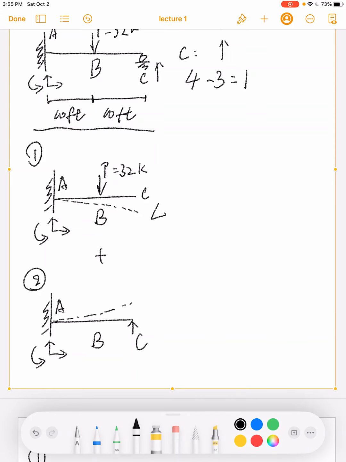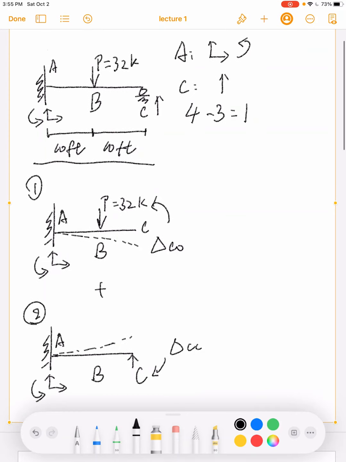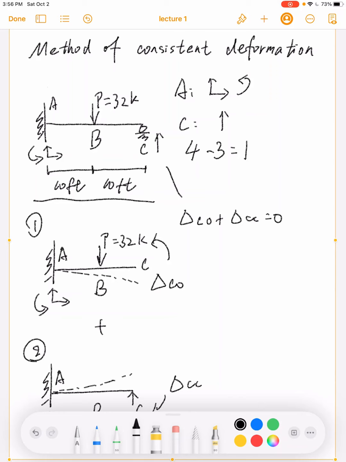So I use delta CO to represent the deflection at point C caused by the external force P, and delta CC to represent the deflection at point C caused by the reaction force C. If delta CO plus delta CC equals 0, that would be equivalent to the original indeterminate beam we had in the beginning.